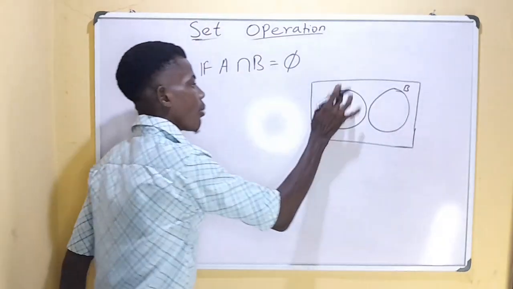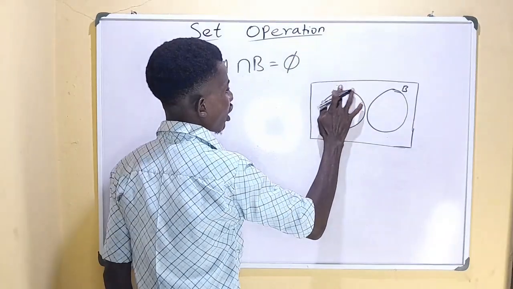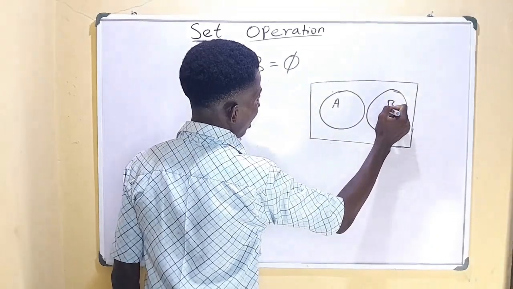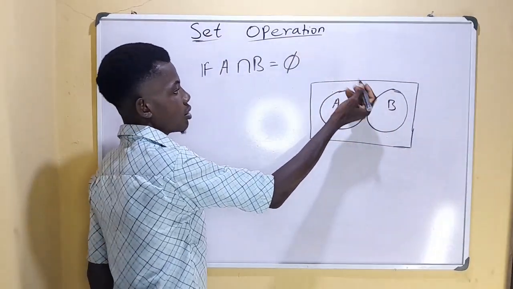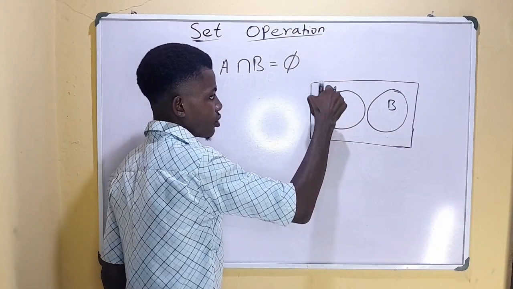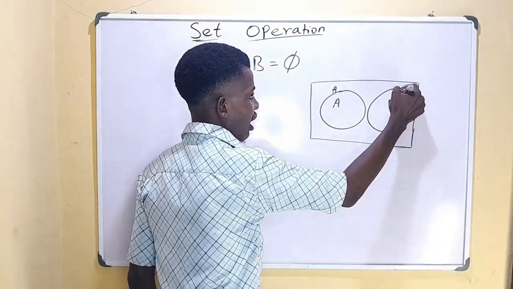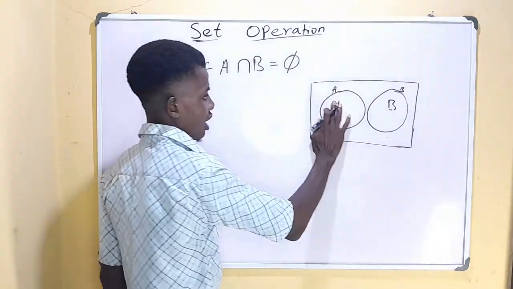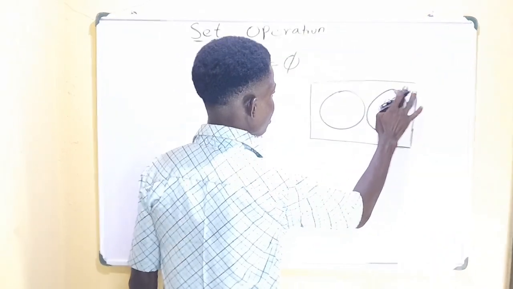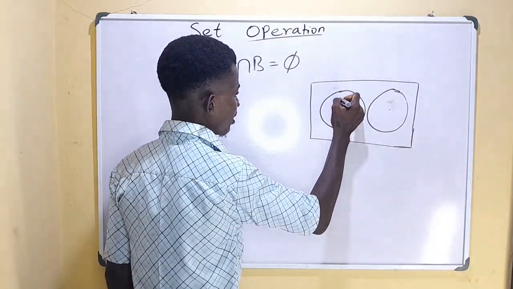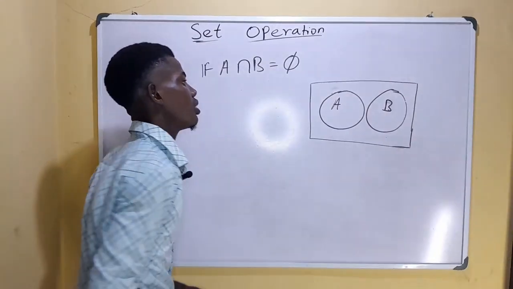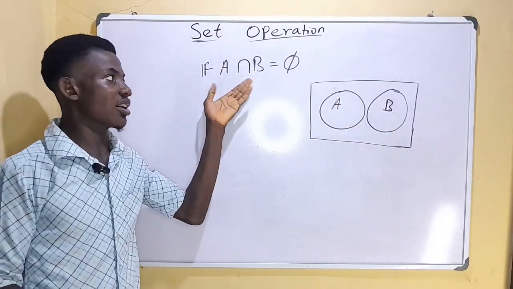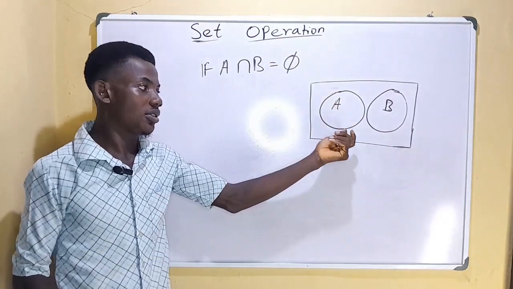Another thing about this Venn diagram: some textbooks can put their A inside and B inside like this, but you can also put it here, assuming you want to shade the inside. Let's put it inside since we are not shading. So this is the intersection of A and B that is a null set.